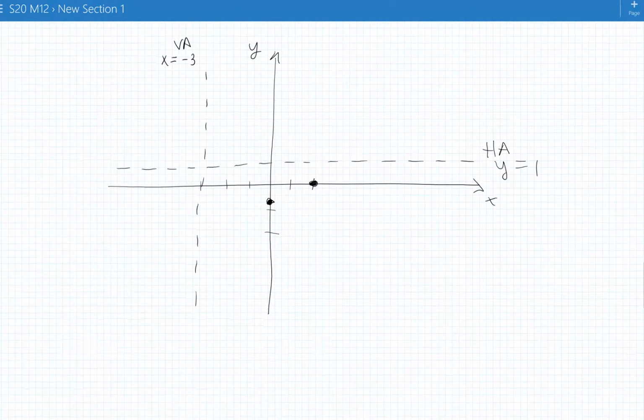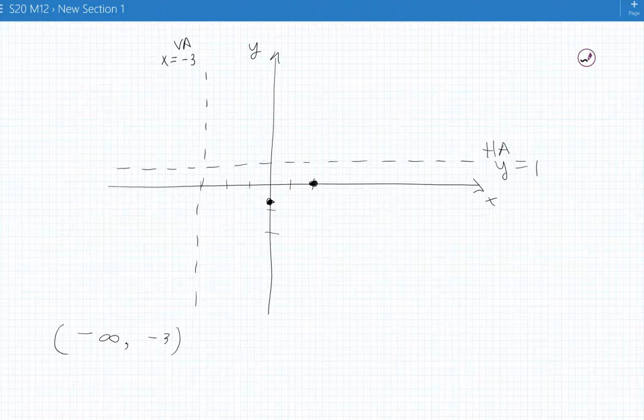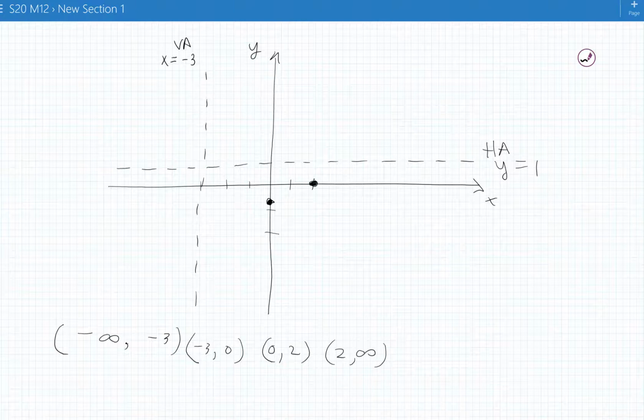Okay, so this graph has fewer sections to worry about. We have from negative infinity to negative 3, then from negative 3 to 0, then from 0 to 2 and 2 to infinity. Those are the only places where anything can change because we have found all the important key points.